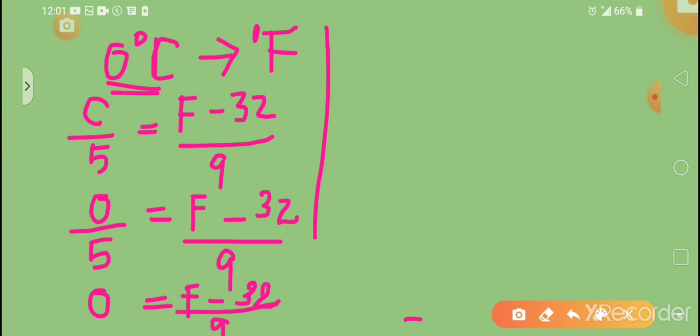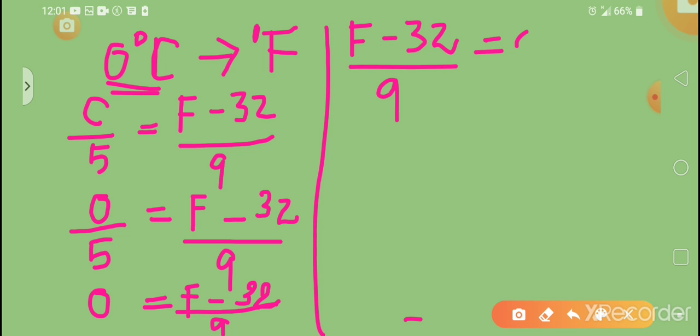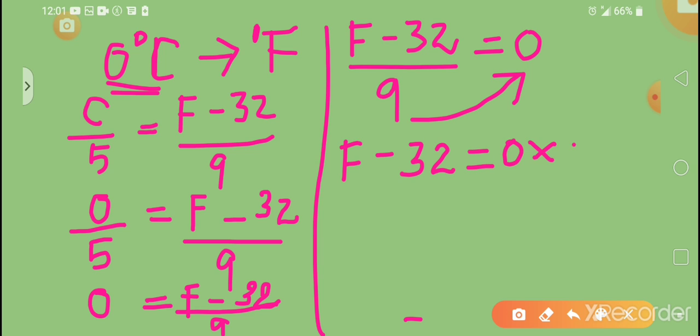Okay, so we can write like this: F minus 32 by 9 is equal to 0. This 9 we can take to this side. It will become 9 into 0. That also will be 0. Okay, so F minus 32 is equal to 0 into 9, that is 0. Okay, so F is equal to, here minus 32, this one we can take to that side.